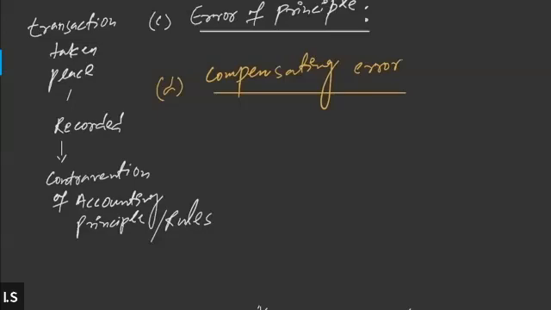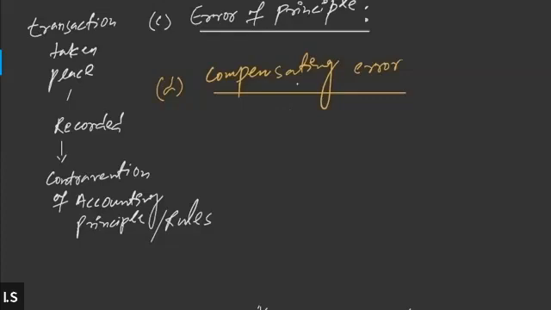So when two or more errors are committed in such a way that the net effect of these errors on the debit and credit accounts is nil, right? Compensating error is used when two errors have been committed, and the net effect of those two errors is such that they are automatically correcting. One error is compensating the other error. That means the net effect of the error will be zero.